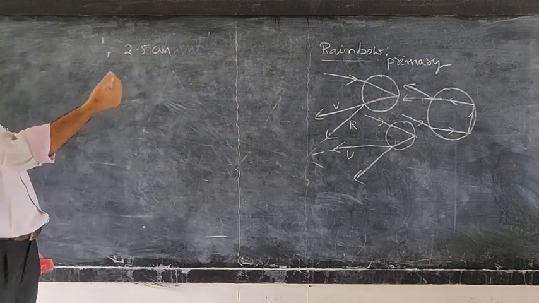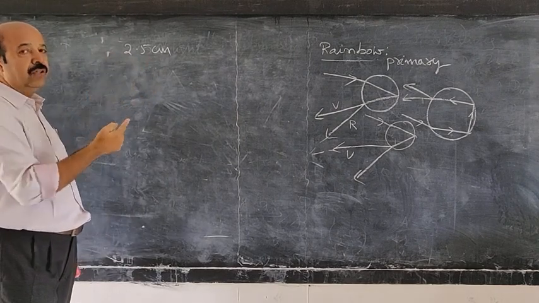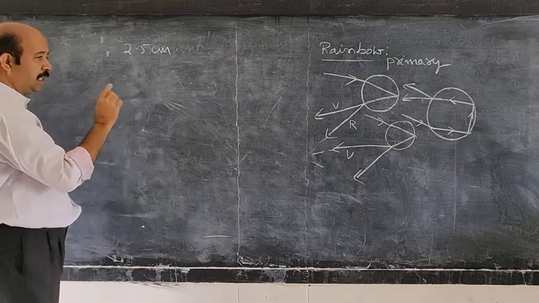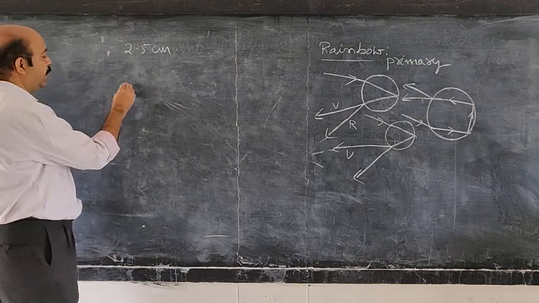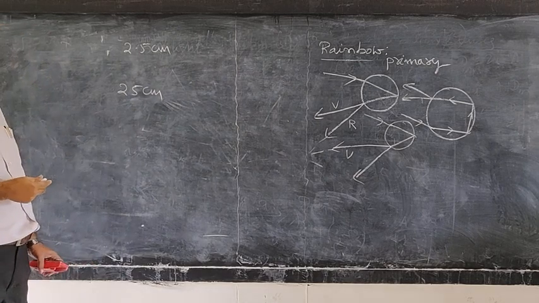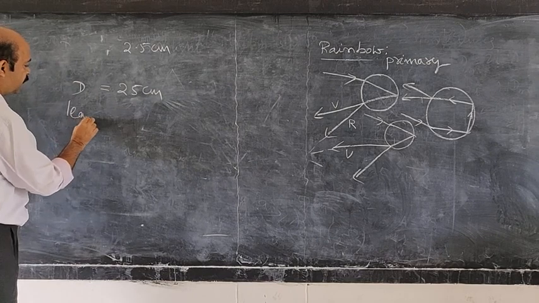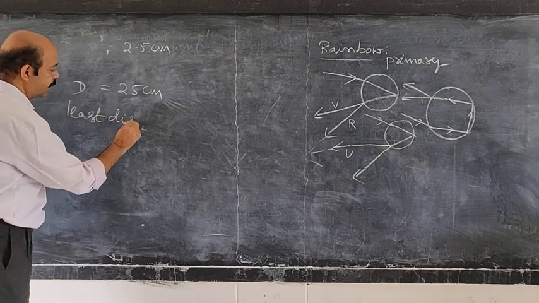You can easily test yourself that when you bring an object nearer to the eye, you can see the object clearly when it is at a distance of 25 centimeters from your eye. This is called the least distance of distinct vision.